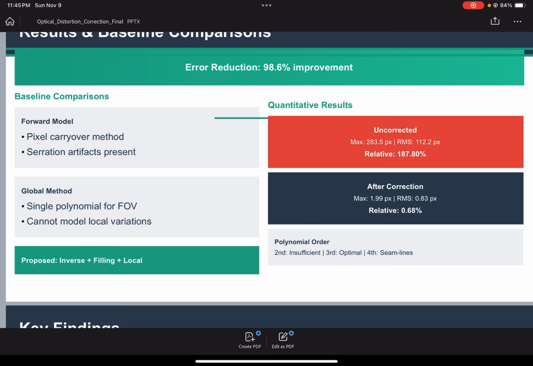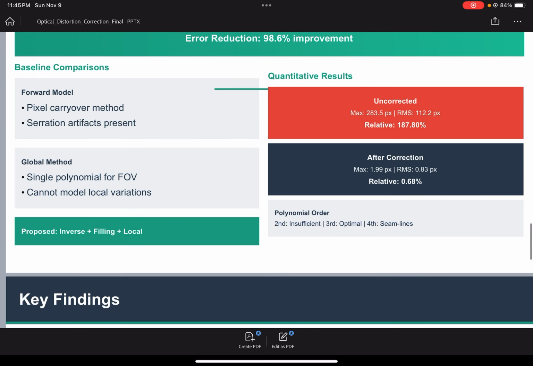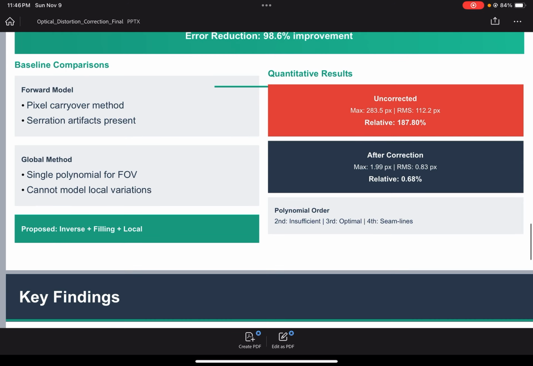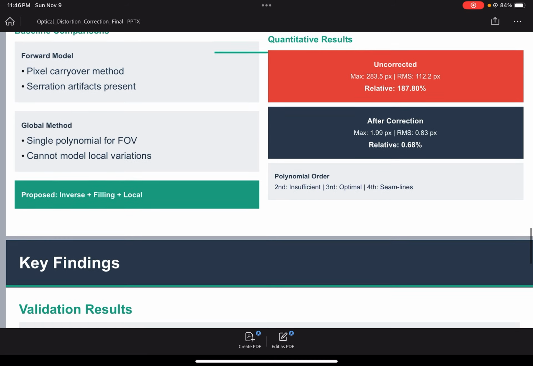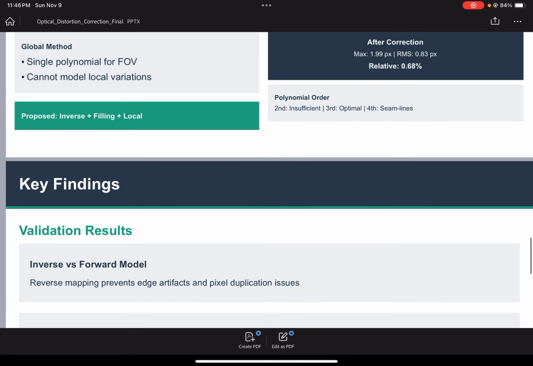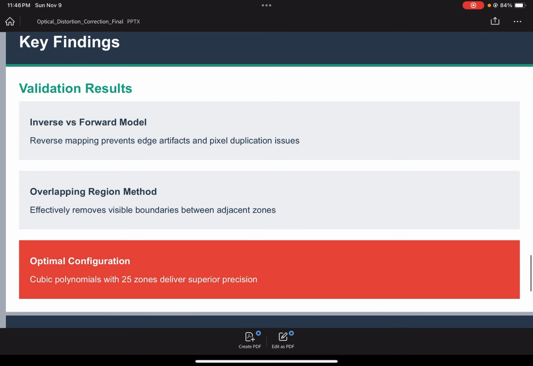They also compare different polynomial orders, and the optimal one is the third. I think I can basically go to the key findings here. Let me highlight the key findings that validate this approach.